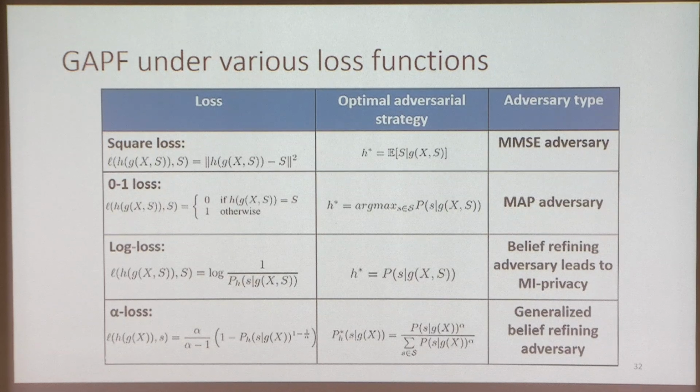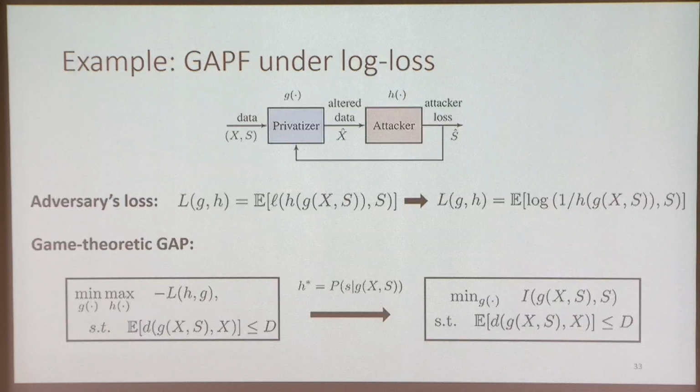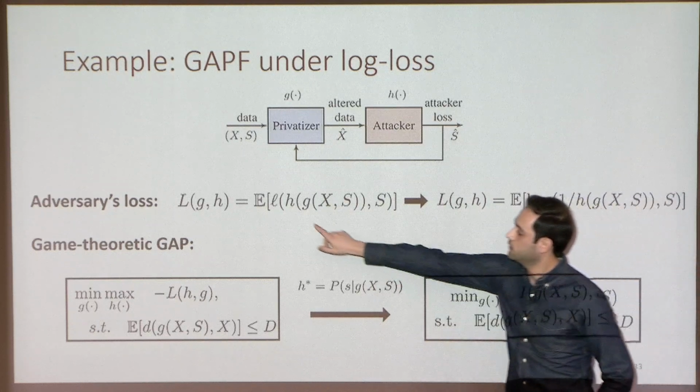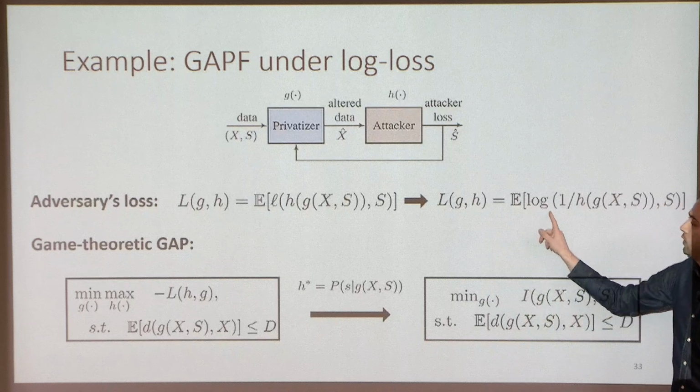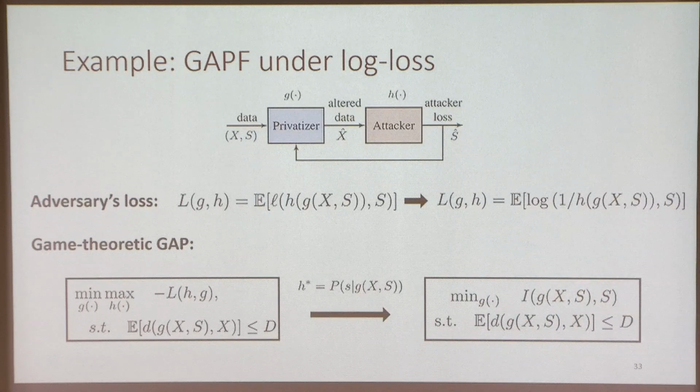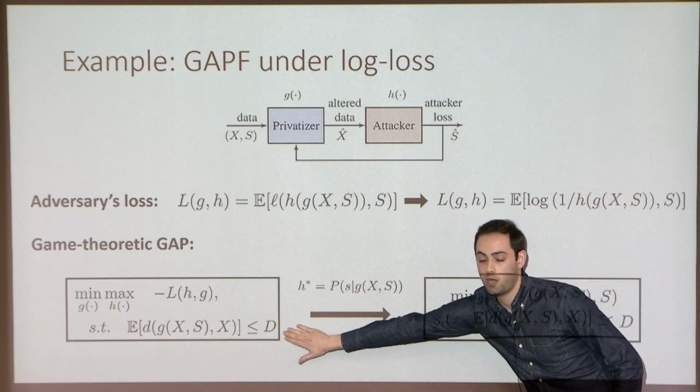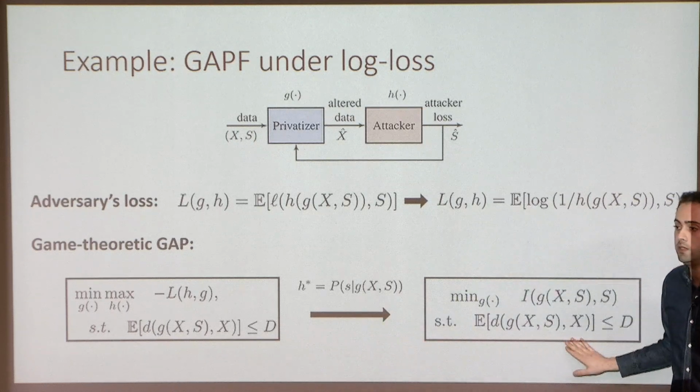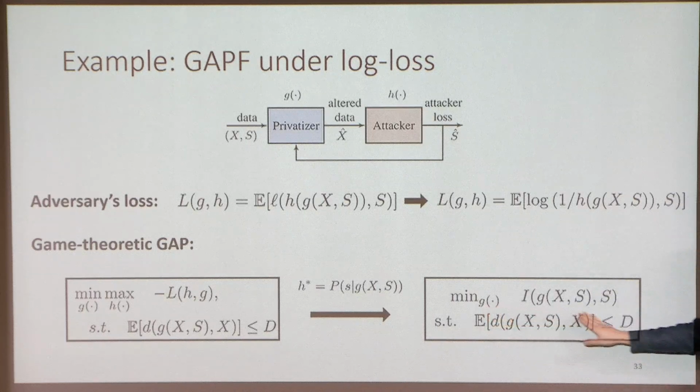Okay, let me just try to be a bit more precise about one that I'm going to use in this talk, which is the log loss. So let's say I take the formulation that I had, and here, instead of this little l, I'm going to use the log loss. Okay? If I use this log loss, then we can show that this minimax problem essentially is equivalent to minimizing the mutual information between x hat and s subject to a distortion constraint.